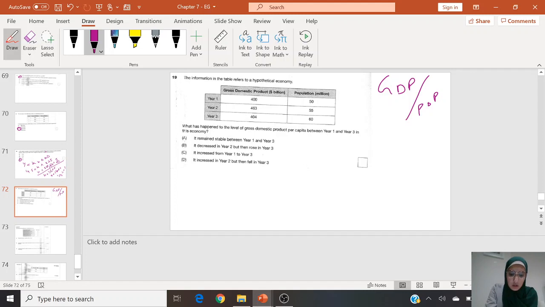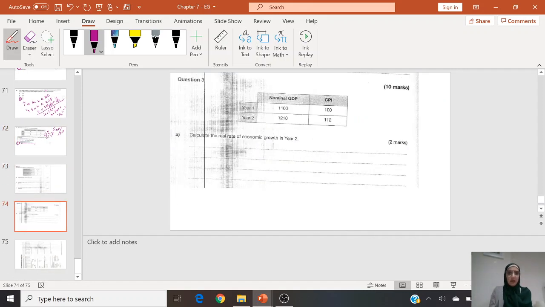For year 1, you should get 8. For year 2, you should get 8.4, and for year 3 you should get 6.7. Before we even look at the answers, we know that year 1 to year 2 has increased, but year 2 to year 3 has actually decreased. So the answer is the option that says it increased in year 2 but fell in year 3. So the answer is D, sorry.